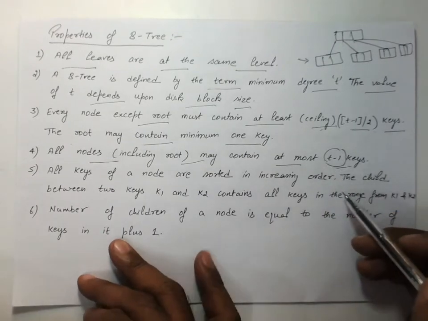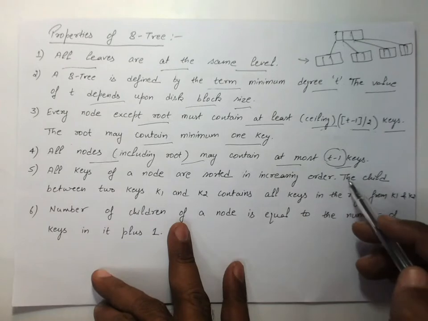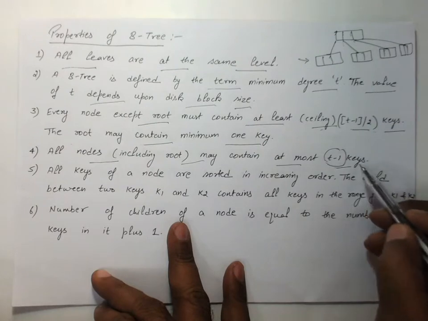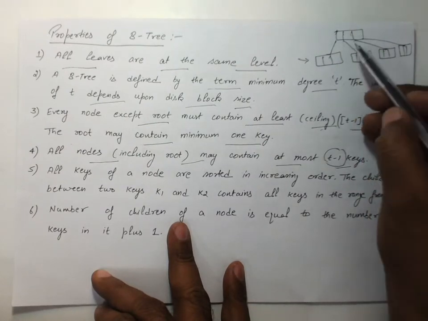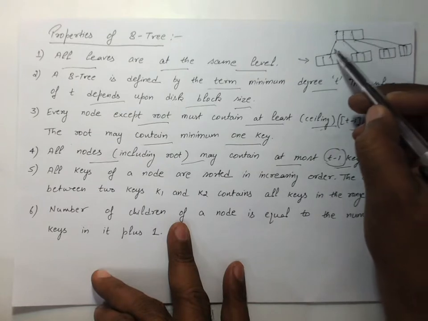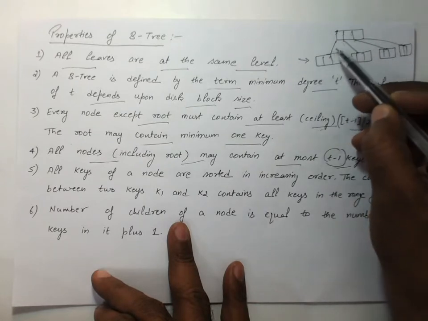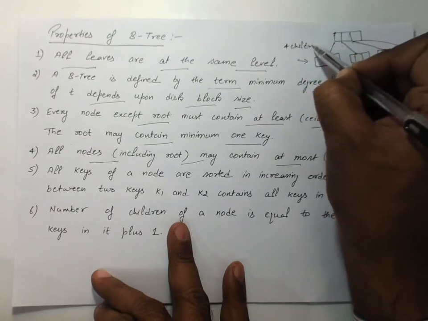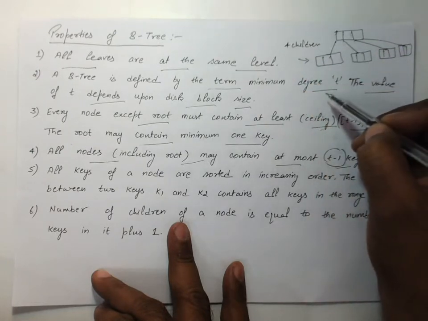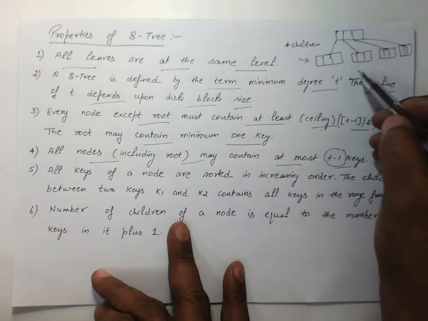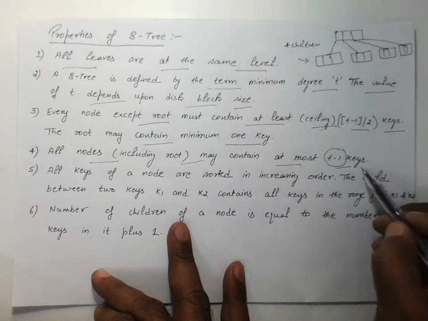That is the most important property of any B tree. Whenever you want to perform any operation on the B tree, this property is important. In the example here, how many children will this particular node have? It has 4 children, and the maximum number of key values that can be stored depends on the number of children minus 1.